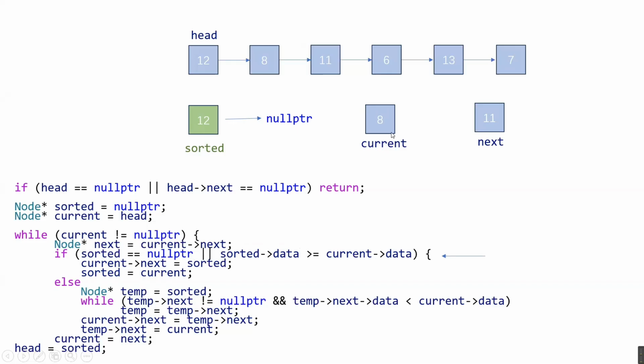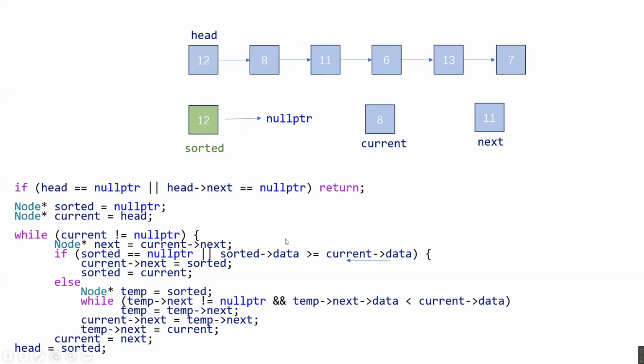Actually, you can imagine we regard this one, the 12, as a sorted sequence, and then we traverse all the elements from the first one, the 8, to the tail, right? We traverse all the elements and compare with the sorted sequence and insert into the correct position. So that's why we compare sorted data and the current data. So the 8 is less than the 12, right?